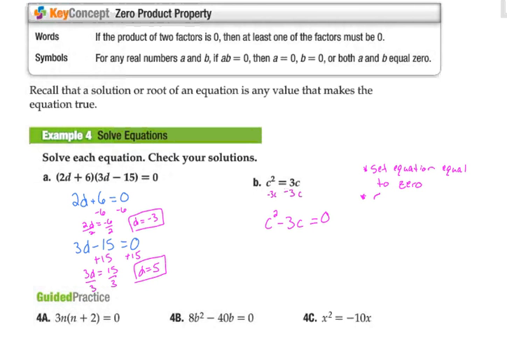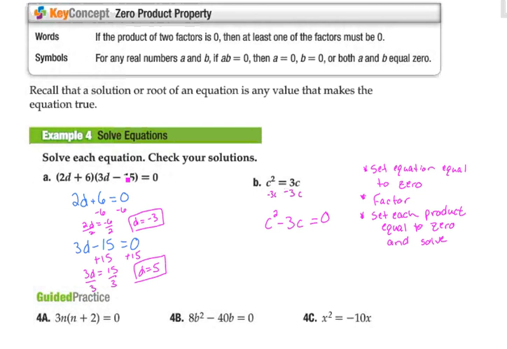Step 2, factor. Why do we have to factor? Because step 3, set each product equal to 0 and solve.